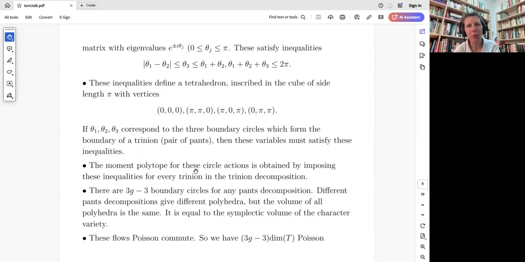The moment polytope for these circle actions is obtained by imposing these inequalities for every trinion in the trinion decomposition. There are 3g minus 3 boundary circles for any pants decomposition. Different pants decompositions give different polyhedra, but the volume of all the polyhedra is the same, and that's equal to the symplectic volume of the character variety.